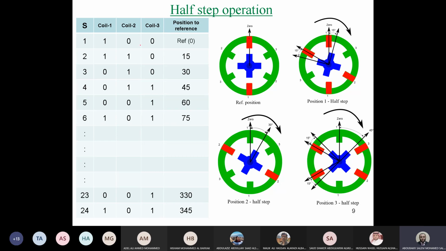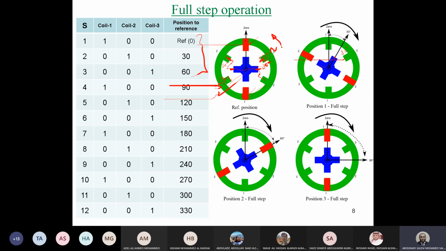Okay, let's return back to the full step operation, guys. Can you see here the sequence at steps 1 and 2? At 1 we have 1 0 0. At 2 we have 0 1 0. If we make ORing for these two sequences of pulses, you know the OR gate, guys, is it right?